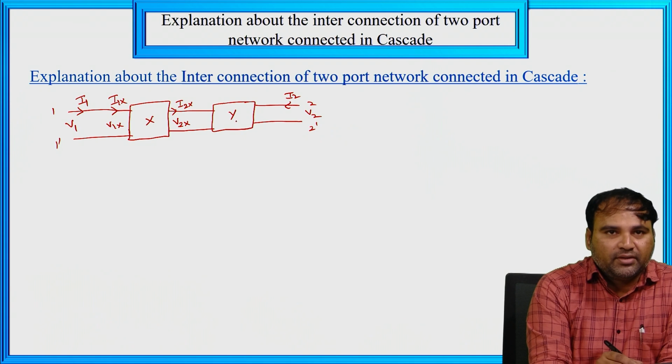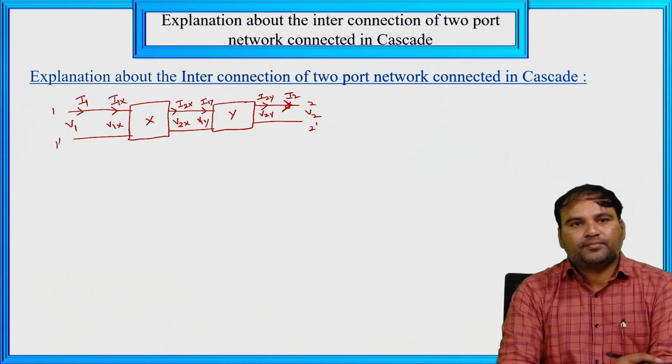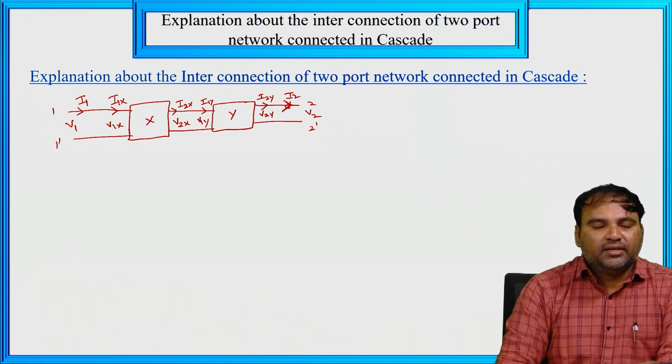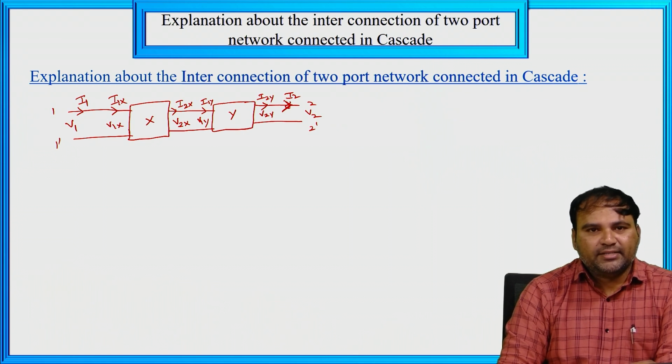For the Y network, the input voltage is V1Y, the input current is I1Y, and the output current is I2Y, the output voltage is V2Y. So this is the back-to-back or cascade connection of the given two-port networks. Now for these two two-port networks, you have to write the voltage and current relations.